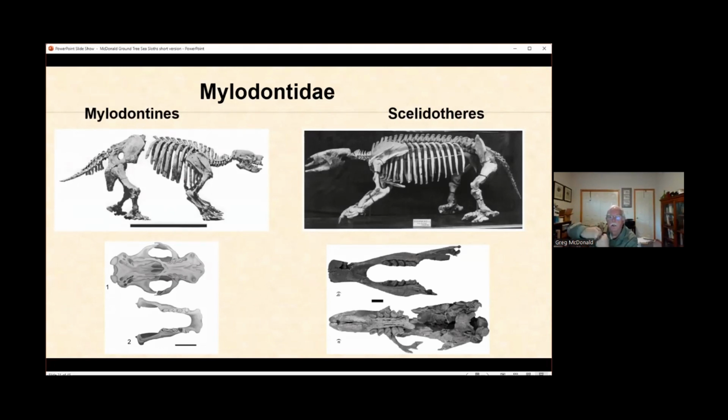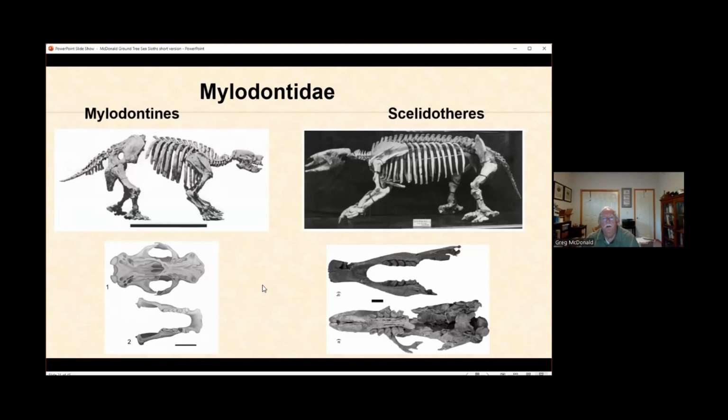They're more for crushing and grinding the vegetation, which is where they get the name Mylo, meaning mill or grinder tooth. And so this is a very different type of tooth than what we see in the other sloths. They're lobate, so they're a little bit more complex in their outline.